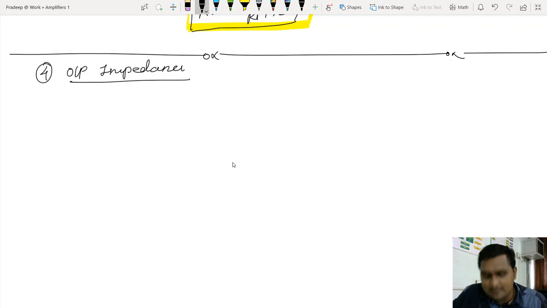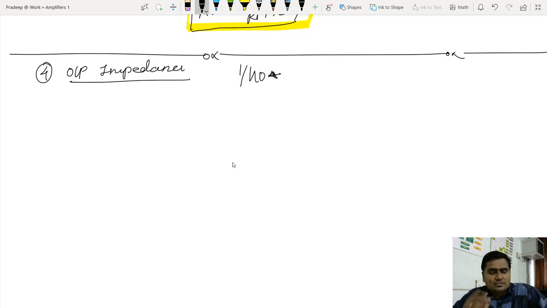What they write for the hybrid model, they write output admittance instead. Why? Because we have 1 divided by HO in the equivalent model, if you have observed. And what is that HO? HO is nothing but output admittance.